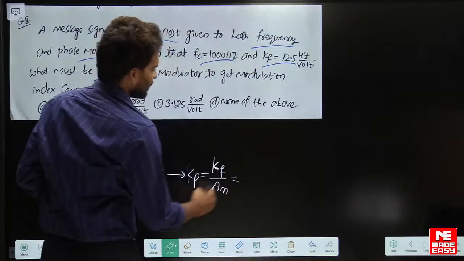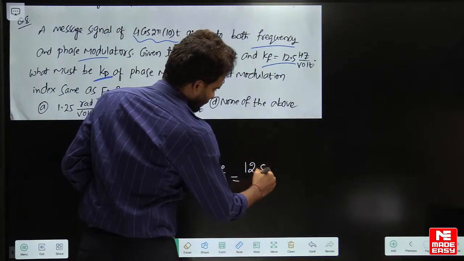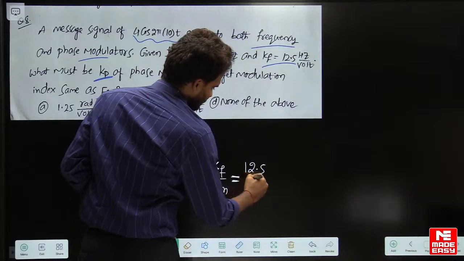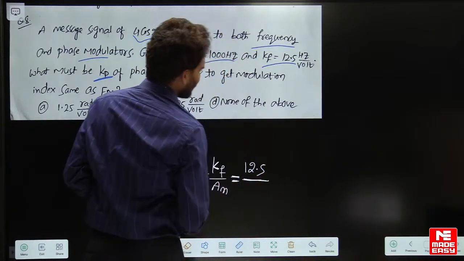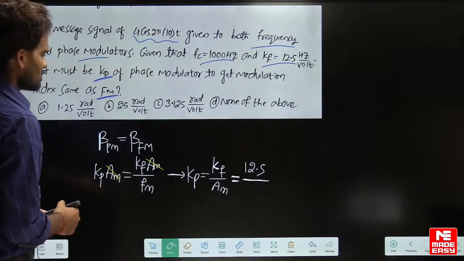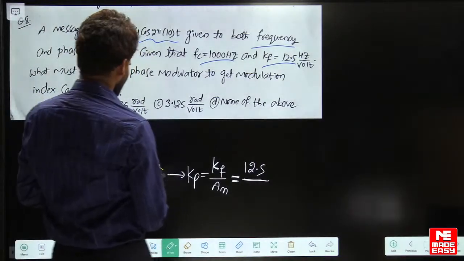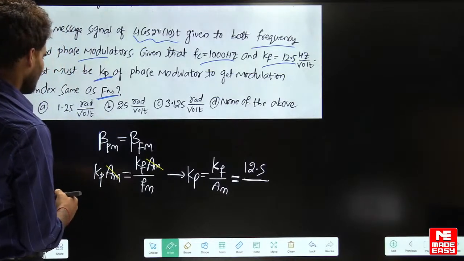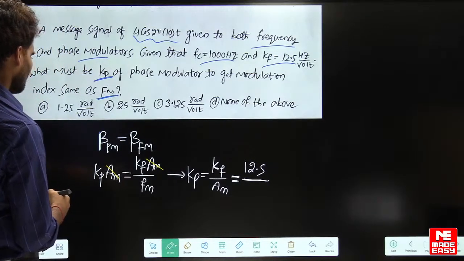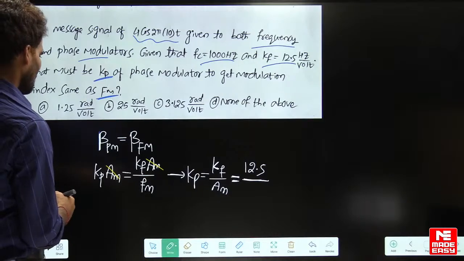KF is equal to how much here? 12.5, divided by FM.